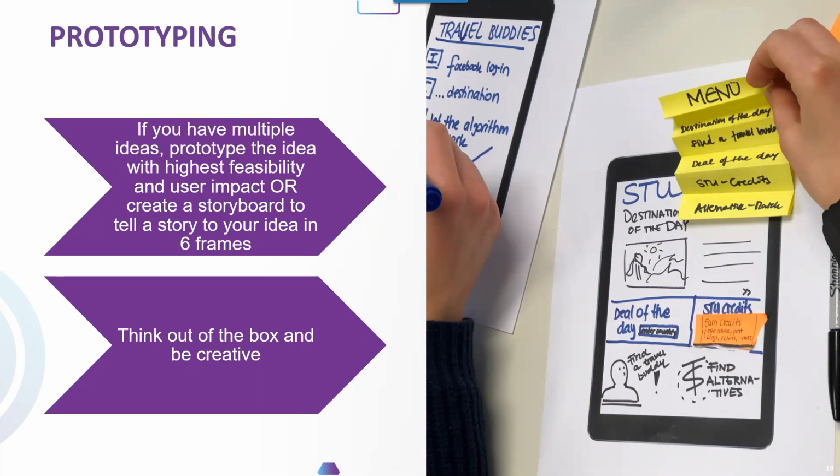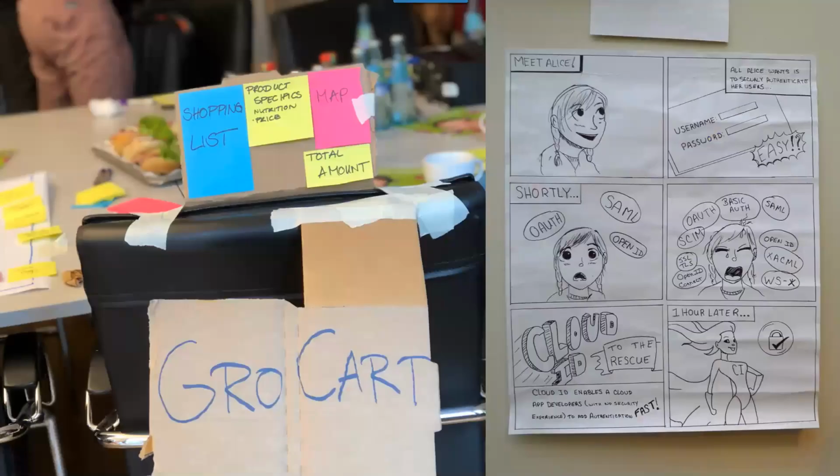You might take it from sticky back plastic on a chair, calling it a grow cart, whatever it is, with a shopping list and maps and total amounts. So this is like a wheelchair idea that has within it a map of the shop and everything else on there. The other one might be about a more formal process around fixing people's IDs.